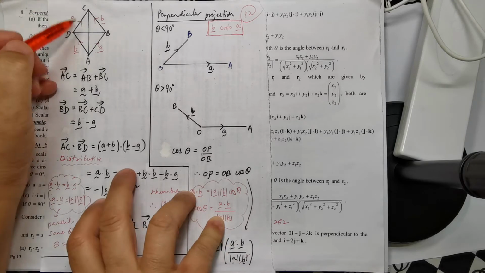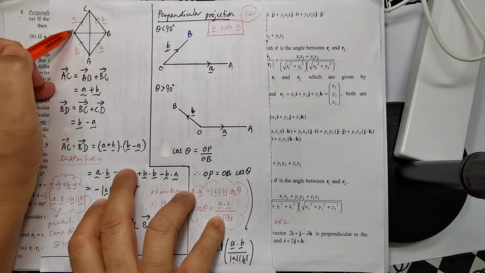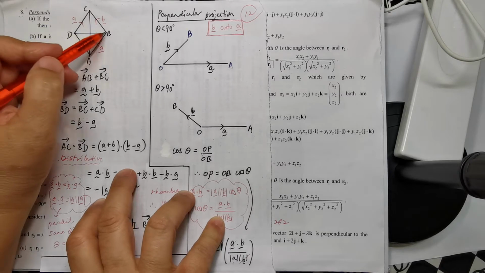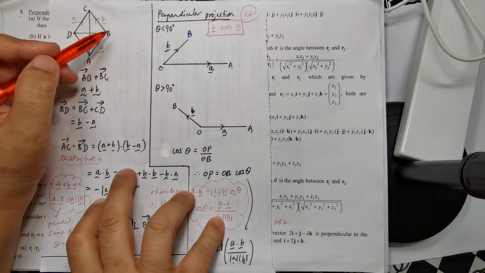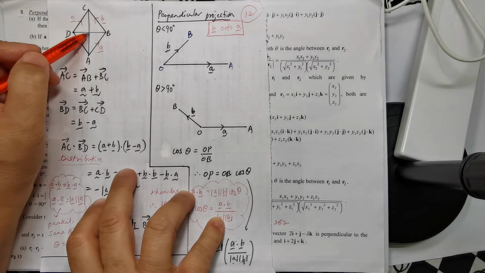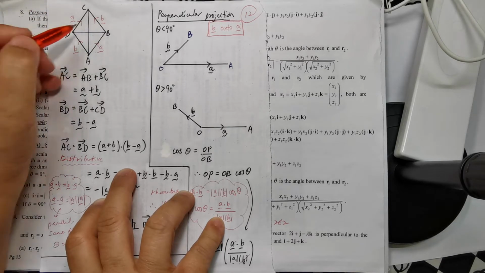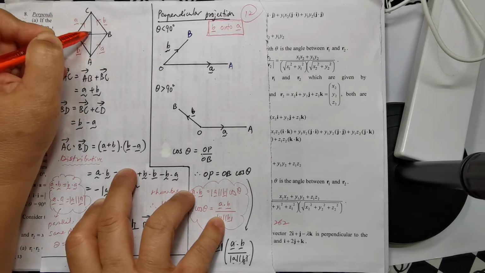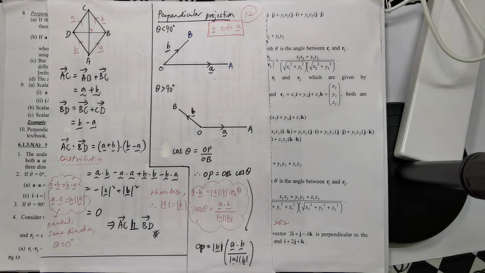Rhombus means parallelogram, but with 4 sides all equal length. And we know that rectangle, square, parallelogram, rhombus, their diagonals bisect each other. But for rhombus, there is a special characteristic for the diagonal. They are not just bisect each other, but they are perpendicular. So this question wants us to show that the diagonals are perpendicular.